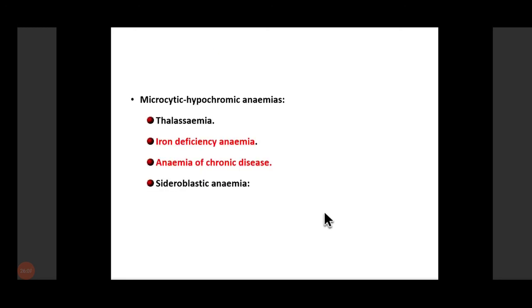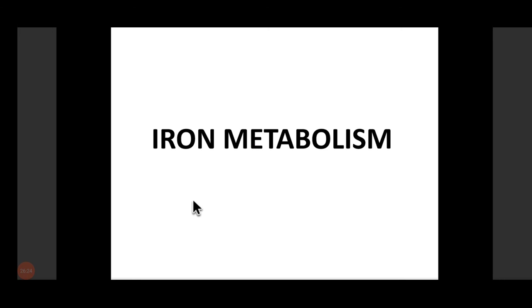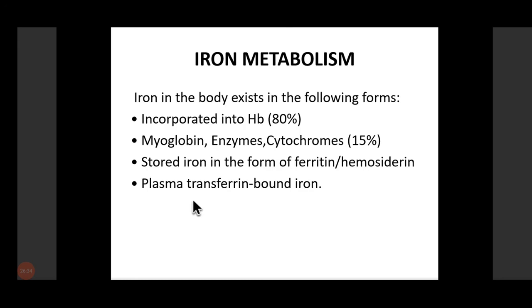Okay, so let's go to the main topic of the lecture today, that is microcytic hypochromic anemia, which is caused by thalassemia, iron deficiency anemia, anemia of chronic disease, and sideroblastic anemia. Thalassemia will be dealt with later on when you do hemolytic anemias. So before we go on to iron deficiency anemia, anemia of chronic disease, and sideroblastic anemia, a brief review about iron metabolism.